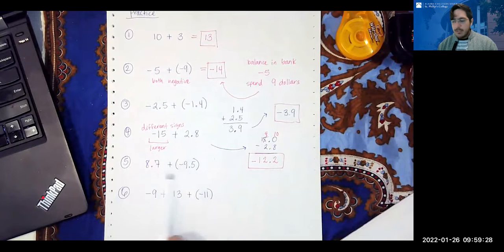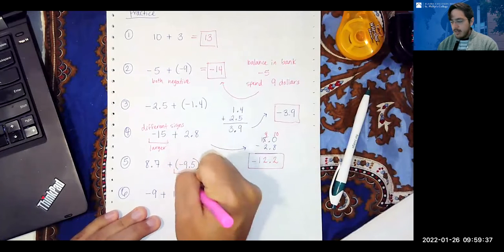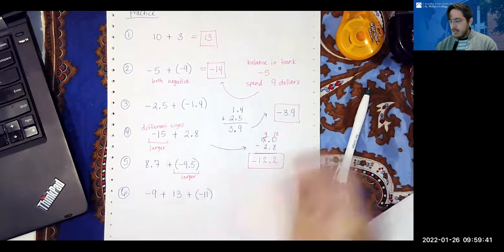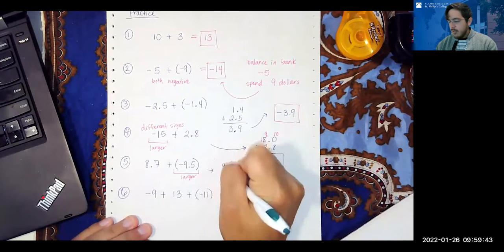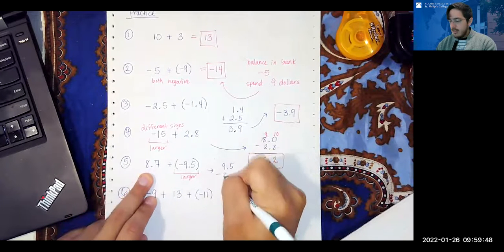We're going to run into a similar situation here because we're adding a negative and a positive number, right? Different signs. So I'll take the larger number, and we're just going to work with its absolute value, which is 9.5. We'll subtract the smaller one.